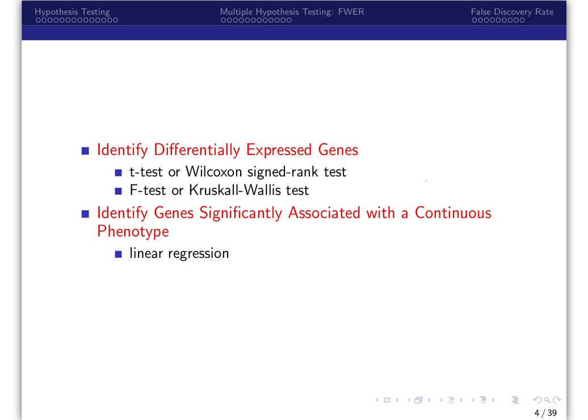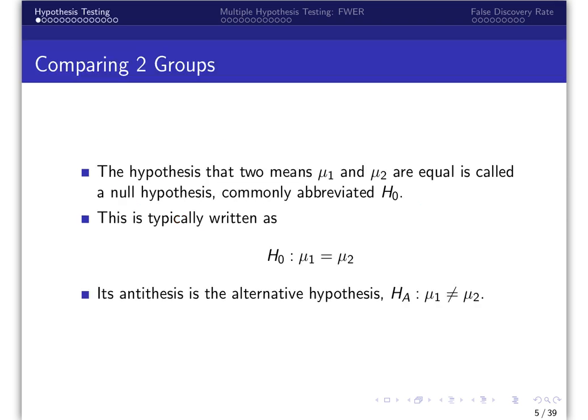If there are more than two groups being compared, either analysis of variance or its nonparametric counterpart, the Kruskal-Wallis test, may be used. If the goal is to identify genes significantly associated with a continuous phenotype, like blood pressure, linear regression is commonly used.